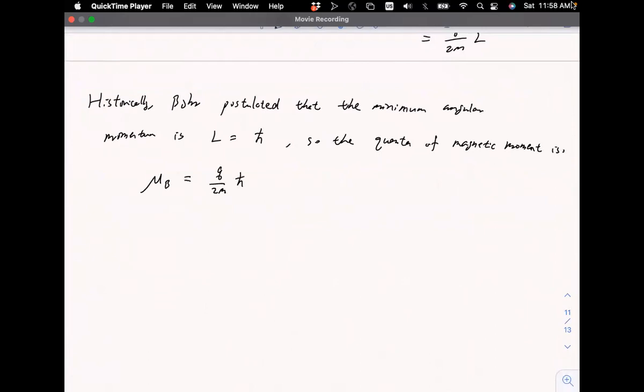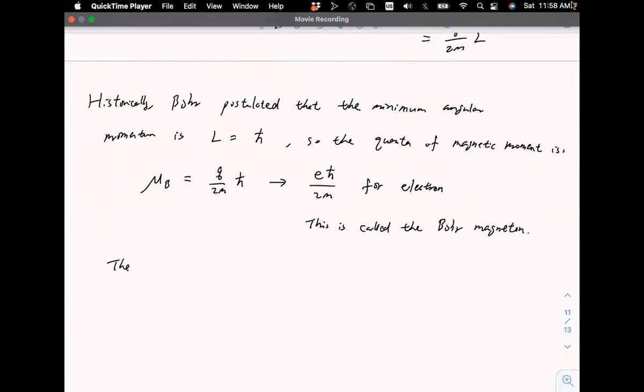For the electron, this is called the Bohr magneton. The Bohr magneton is just a result of the quantization of angular momentum. You just put h bar there.